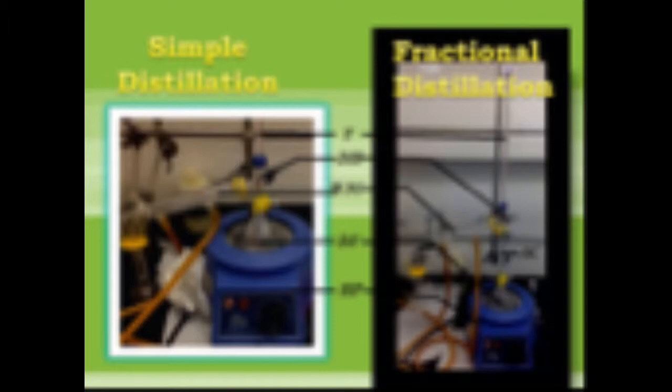Only for the fractional distillation, the air condenser is filled with glass pieces. During the experiment, the temperature of the vapor was recorded for each 5 ml of distillate collected for both types of distillation.